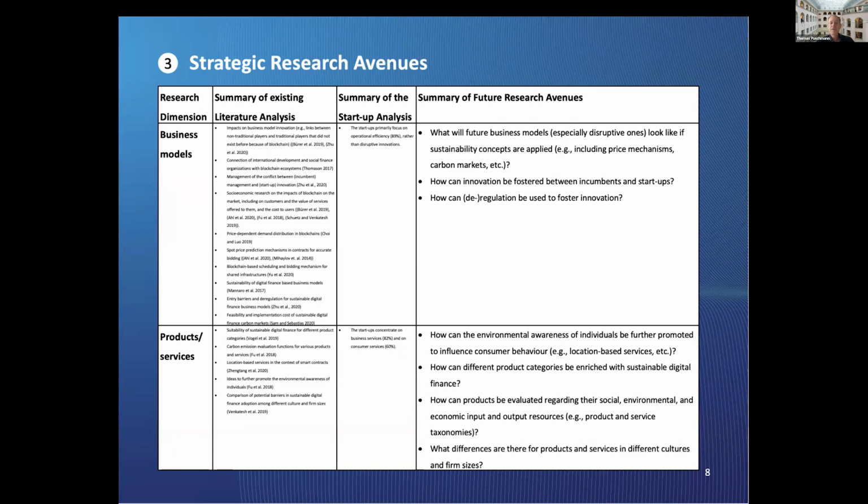On the products and services side, there are also questions that come up here. For example, how can the environmental awareness of individuals be further promoted to influence customer behavior? We think that the whole consumer behavior side is a very big driver of change, because we are the ones that consume and we are the ones that also influence the product and service providers out there.